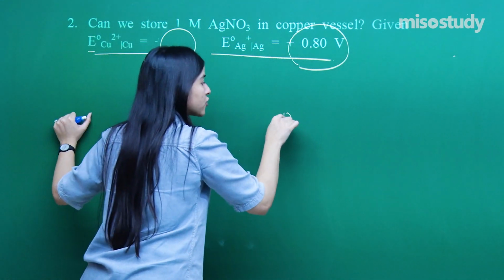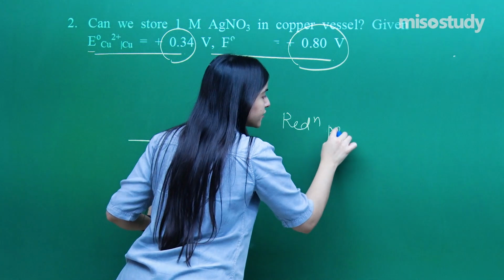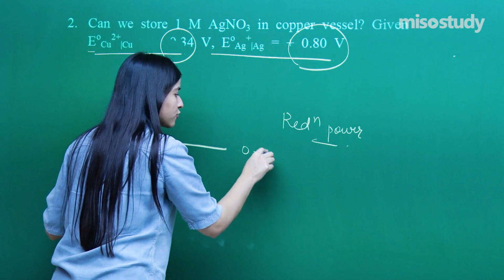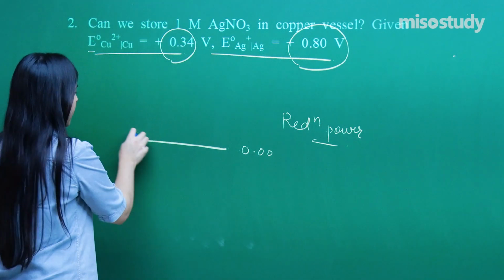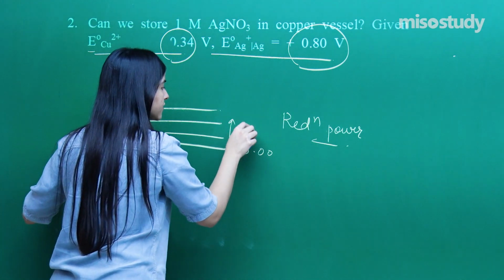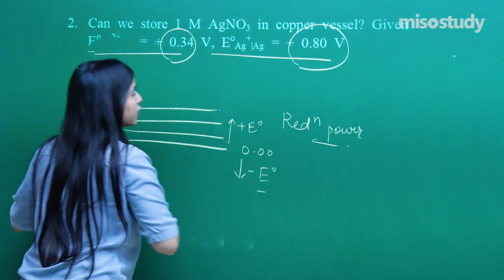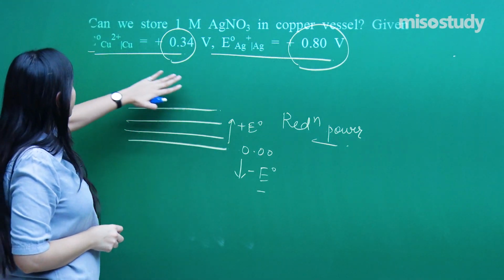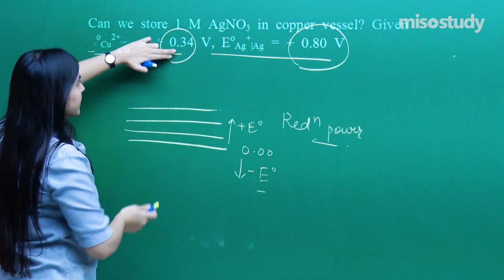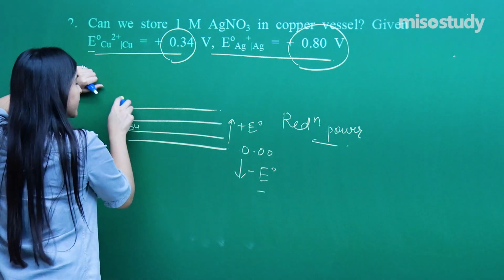The electrochemical series is actually a measure of reducing power. For hydrogen we consider E0 as 0, that is my bar. After that the values become positive E0, and below that they become negative E0. As I am going up, 0.34 will come first, then 0.8.